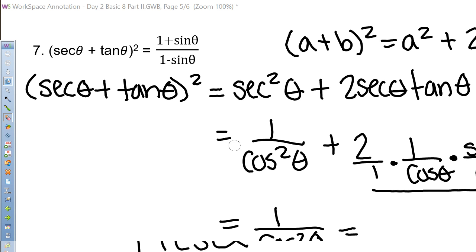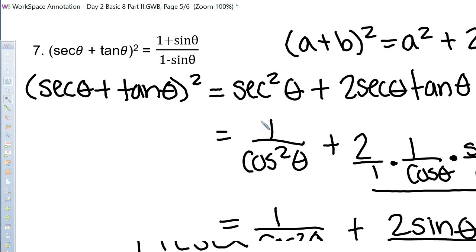That should be an equal sign, that should be a plus sign. So 2 times 1 times sine of theta would give us 2 sine of theta in the numerator. And in the denominator, 1 times cosine would give us cosine squared of theta.